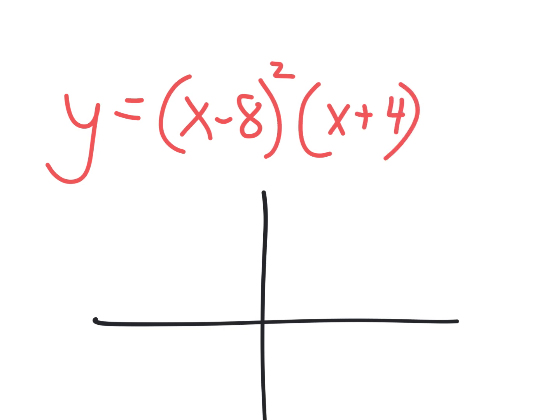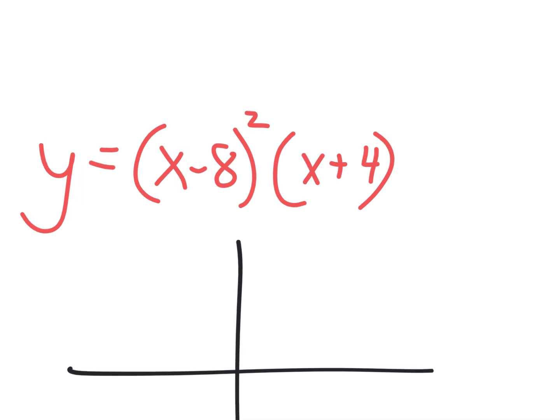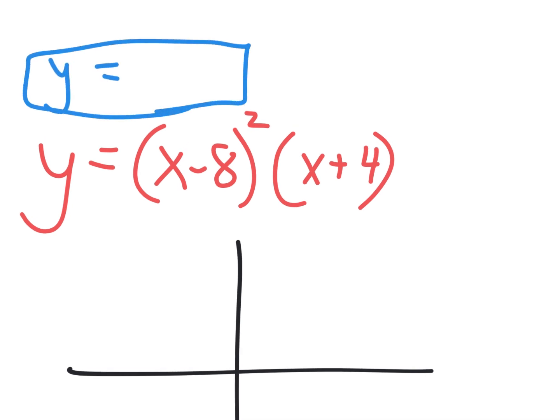That squared changes tons of things. It changes the lead term. You know how I said to always figure out the lead term? It changes that. It changes the 8. Normally 8 is an x-intercept. It still is an 8, because if you put 8 here, it'll make it equal 0. But it does something weird at that spot.